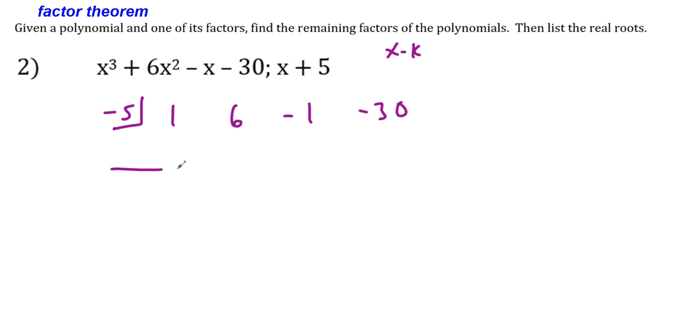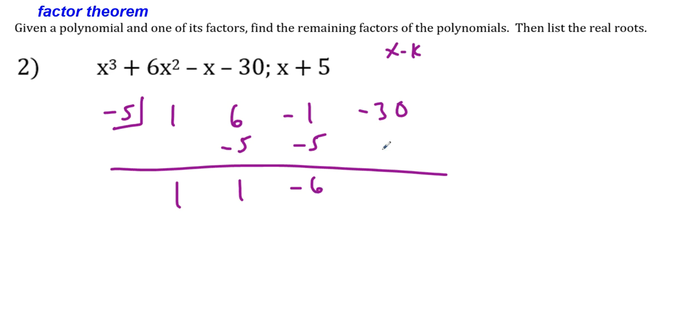Okay. Drop the 1. Negative 5 times 1 is negative 5. Add, I get another 1. And negative 5 times 1 gives me a negative 5. I'm going to get a negative 6. And negative 5 times negative 6 is a positive 30. When I add, I get a 0. So absolutely, this is a factor.